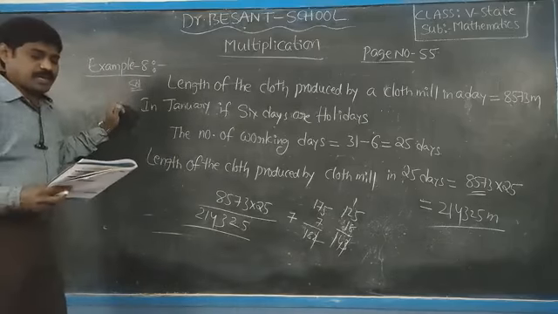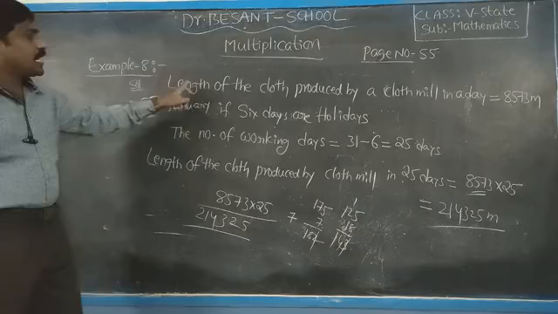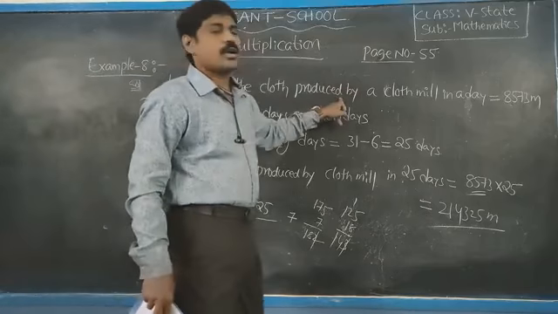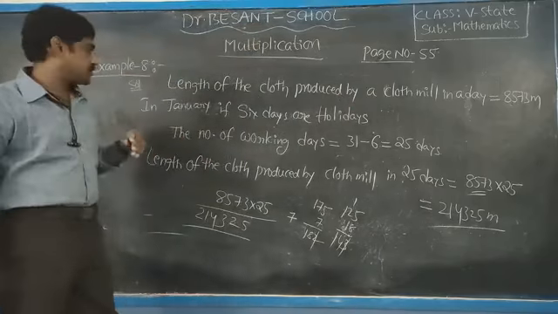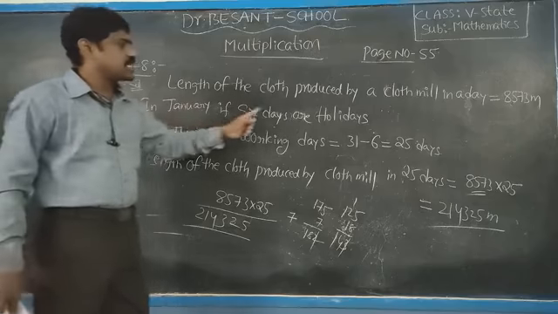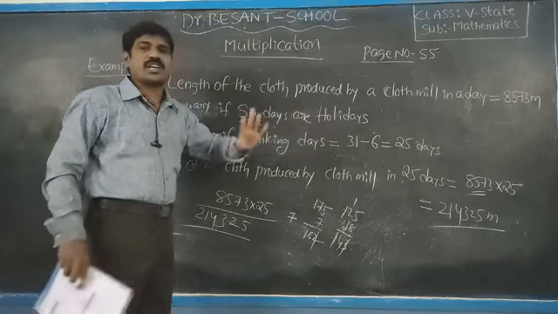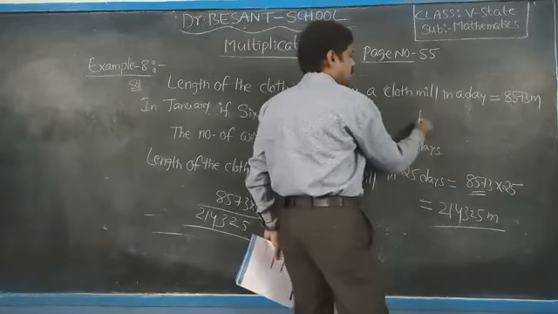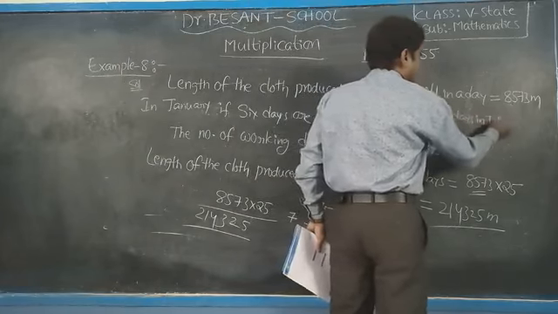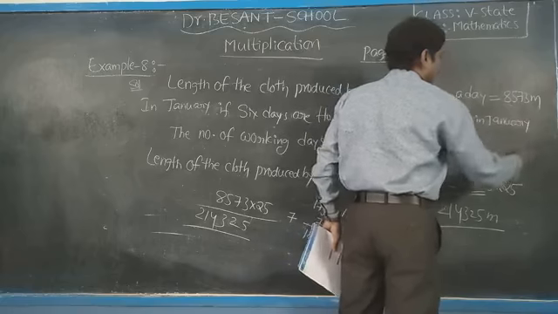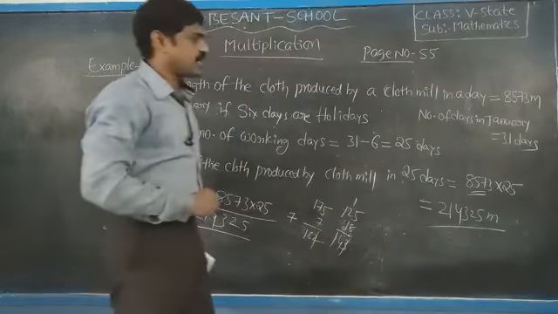Once observe this question. A cloth mill produces 8,573 meters of cloth in one day. But in January month, 6 days are holidays. Number of days in January is 31 days.